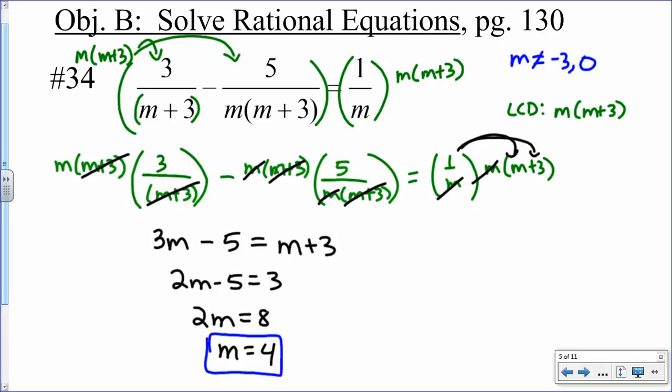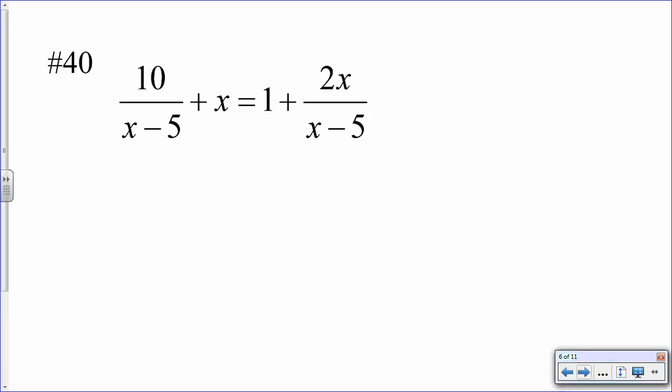Okay. So let's look at another one. Let's make our little note that x cannot equal 5.